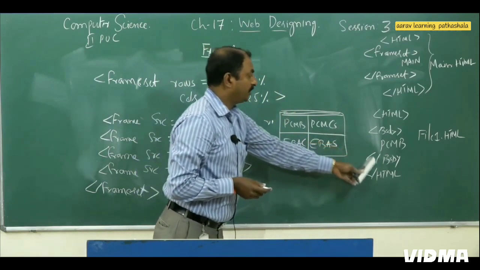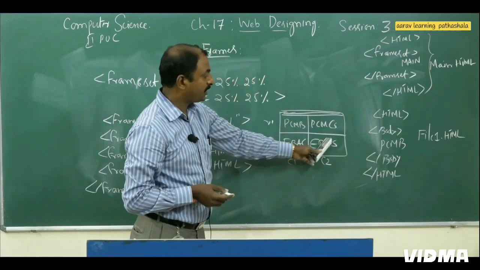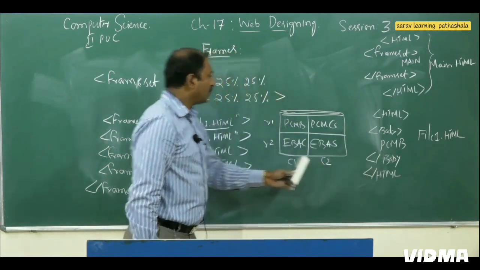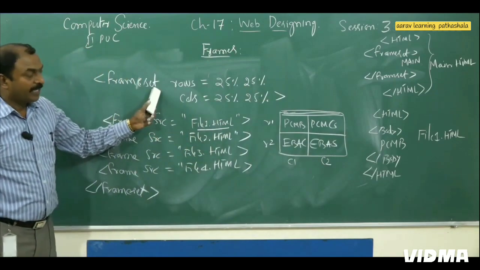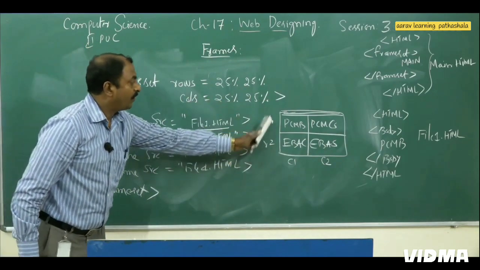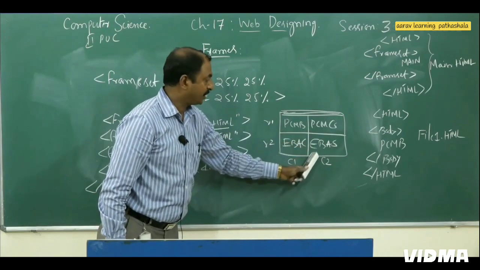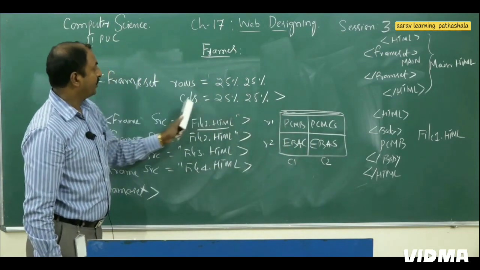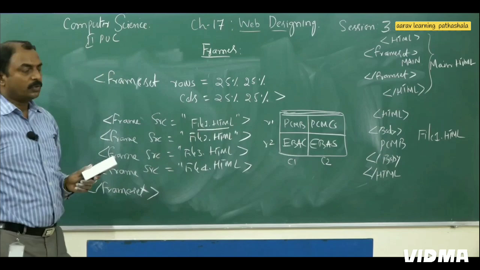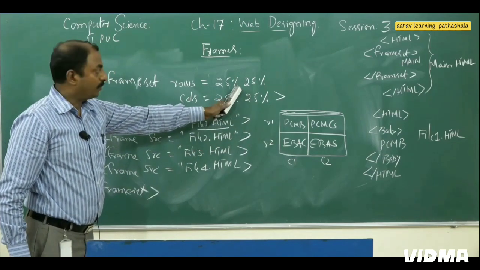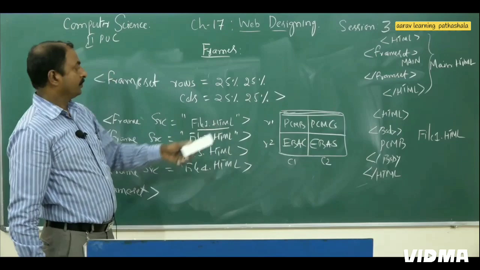If you write a program like this to display like this, 4 HTML programs will be there. So in this frameset tag, we have divided this web browser window into 4 parts or 4 sections, 2 rows as well as 2 columns. So this is one method of using the frameset tag here.